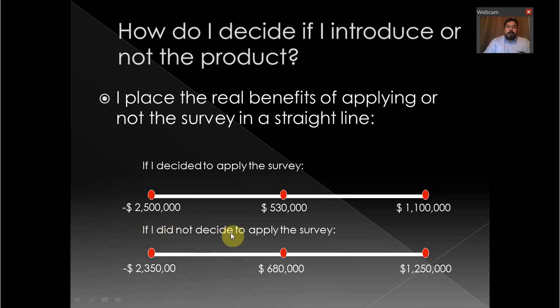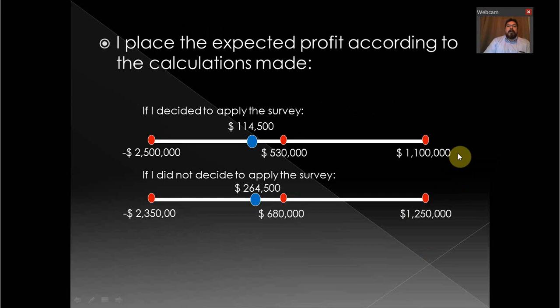If we decide not to apply the survey, we have different benefits because we don't have to consider the cost of the survey. Then we place the expected profit according to the calculations we just made. So if we decide to apply the survey, we have this benefit, and if we do not decide to apply the survey, we have this benefit right here.